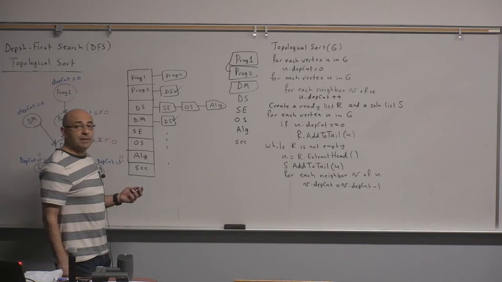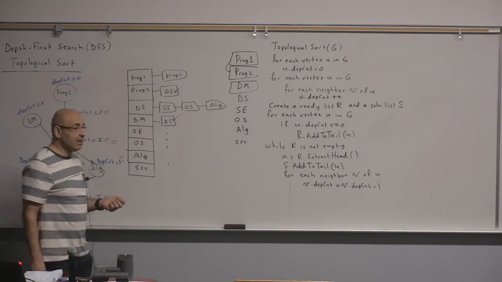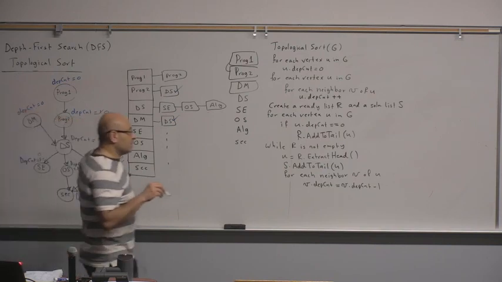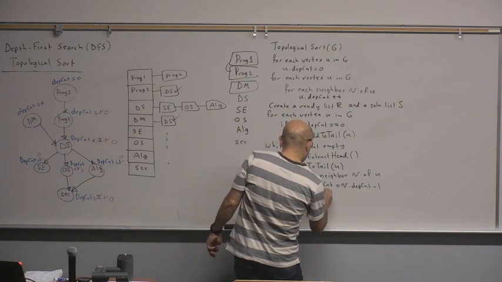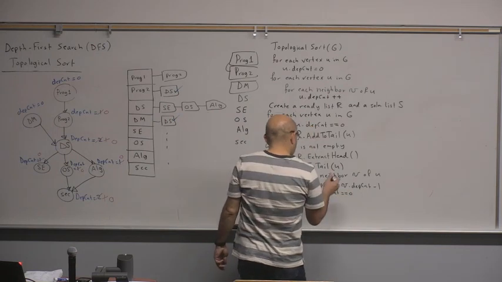There's a very important step now. So look at this. What were we doing? What's the important step that we're missing now? So we decremented the dependence count. If it is equal to 0, we need to add it to the ready list. Yeah, exactly. If V dot depth count equals 0, then we add it to the ready list.